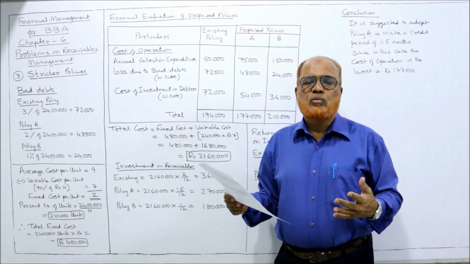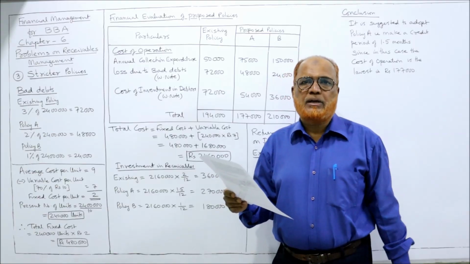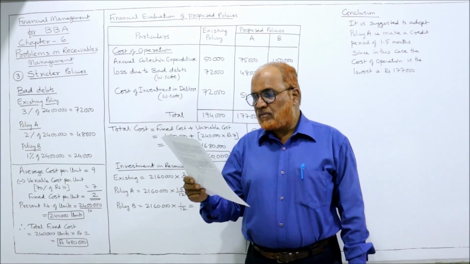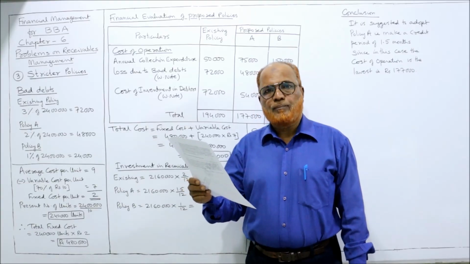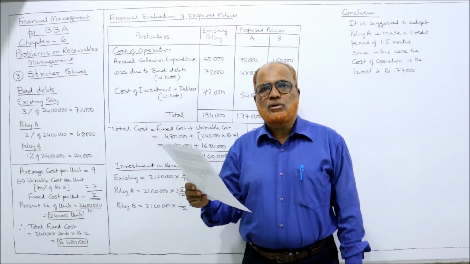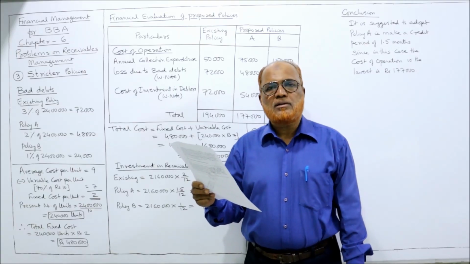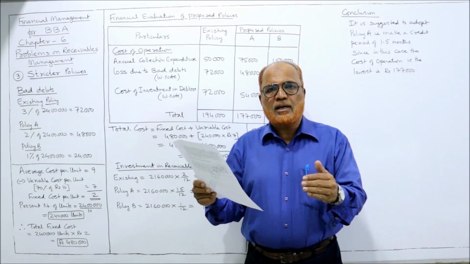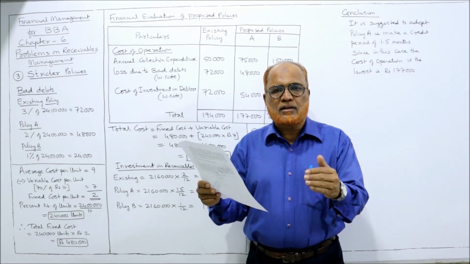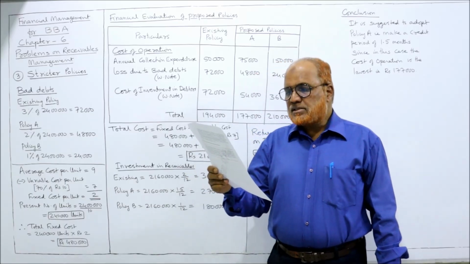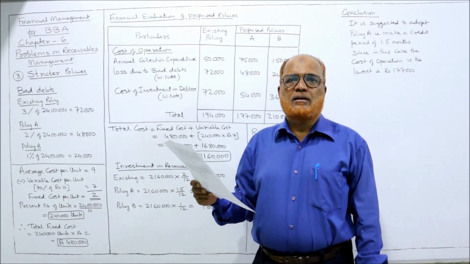Now we want to evaluate whether proposal A or proposal B should be adopted. Average collection expenditure is 75,000 for A and 1,50,000 for B. Presently it is 50,000, right? If we reduce the credit term, the collection expenditure will increase.